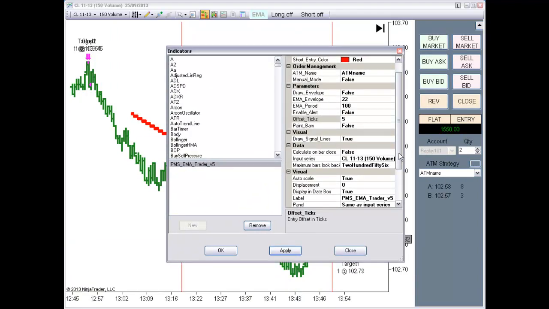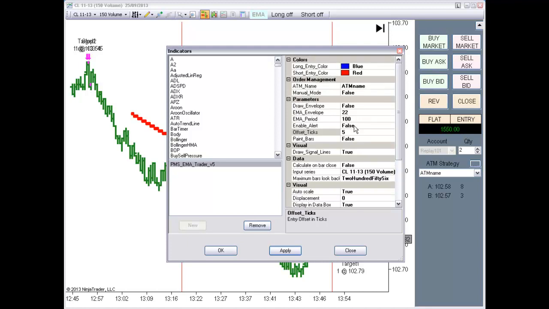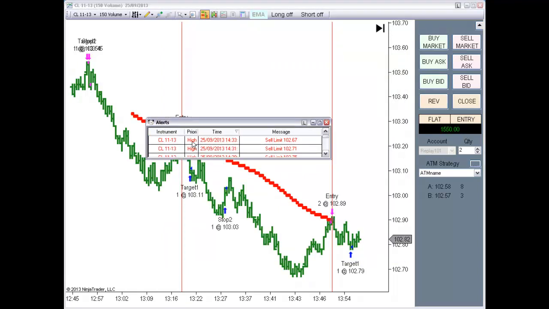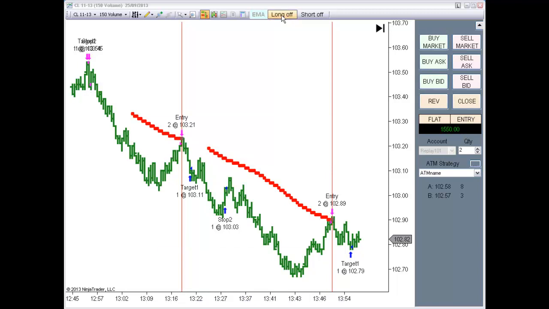And this indicator is not only useful for backtesting but also for live trading, because we can enable or disable the alerts. So we have real-time information about the entries. So we can manually place the order or let the system do the order management for us.